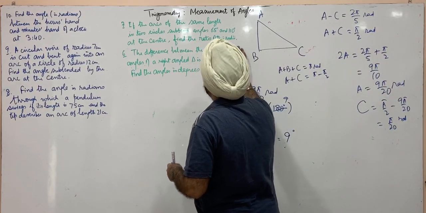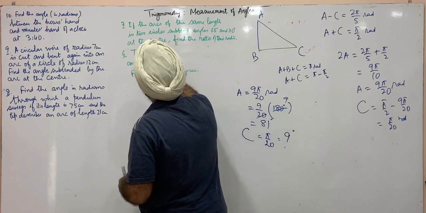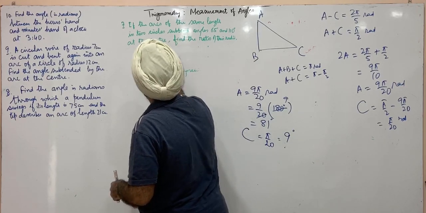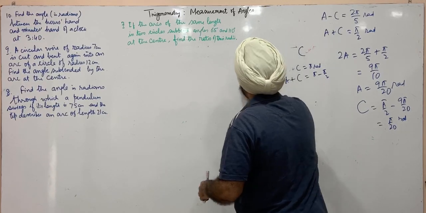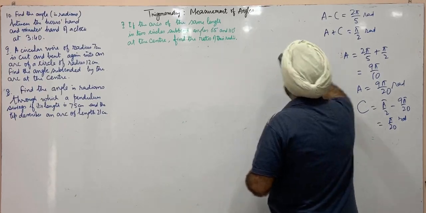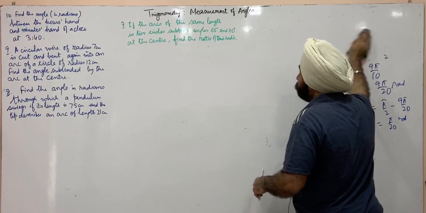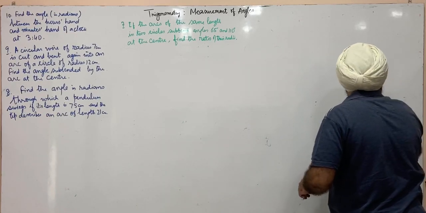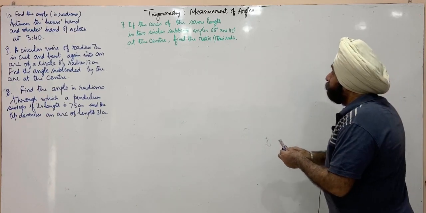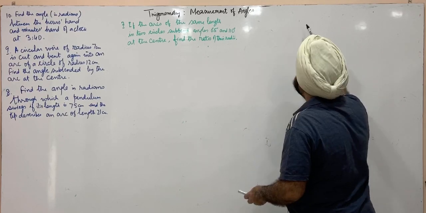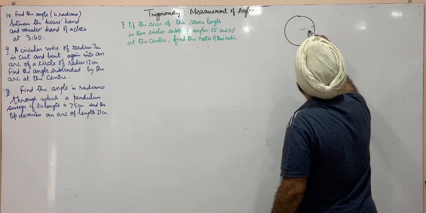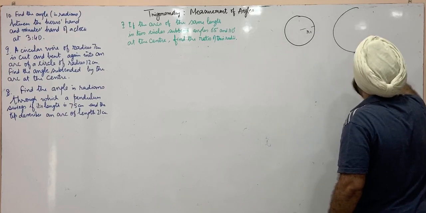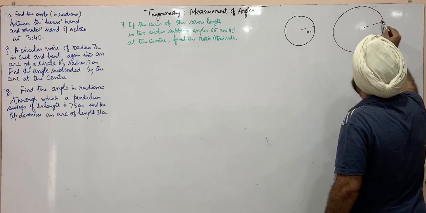In the next one, we are given arcs of the same length in two different circles that subtend angles of 65 degrees and 110 degrees. We have to find the ratio of their radii. So we have circle 1 with radius r1 and circle 2 with radius r2.